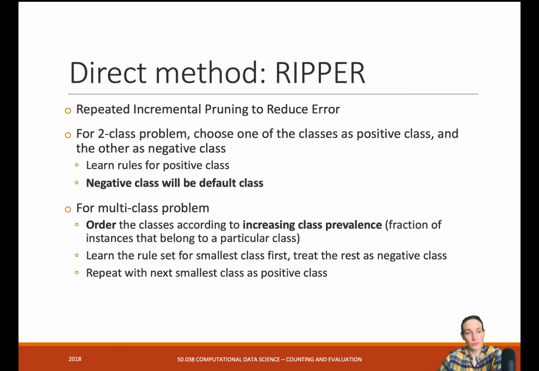We proceed to repeat this with the next smallest, so slightly larger class, meaning the class with a slightly bigger class prevalence, as the positive class. So, still treating the rest as a negative class, and we repeat this until everything is covered.